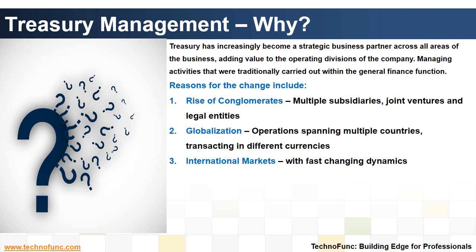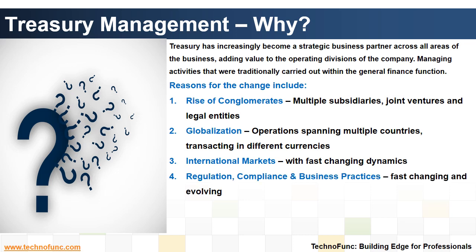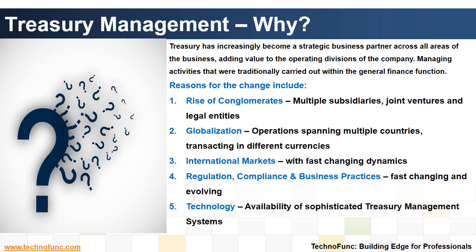International markets are known for their competitiveness where the dynamics change very fast. Regulations are changing very fast. Compliance requirements are becoming stringent and business practices more sophisticated over time. Technology. Now we have a specialized skill set expert in treasury management available, supported by world-class treasury management systems.